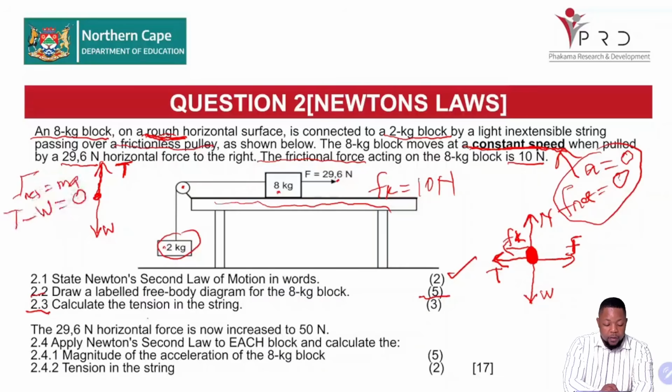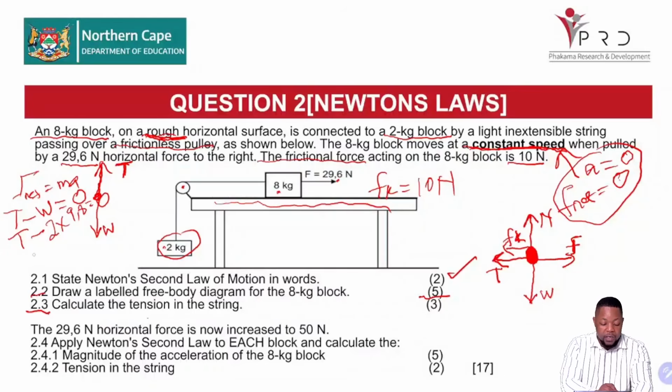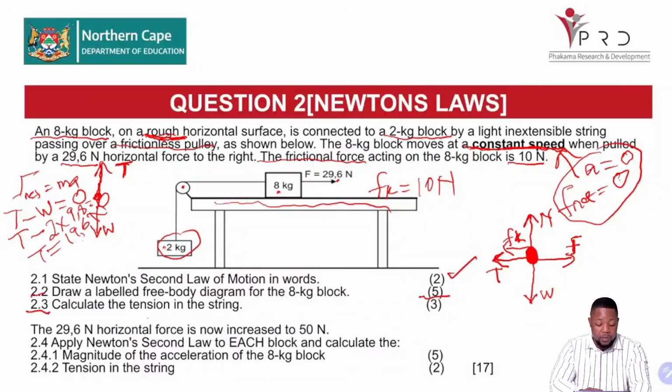And then we can say the tension minus the body here has a mass of 2 multiplied by 9.8 is equal to 0. Then we will see that we can get the tension being 19.6 newtons. So we are able to calculate the tension of 19.6 newtons very easily.